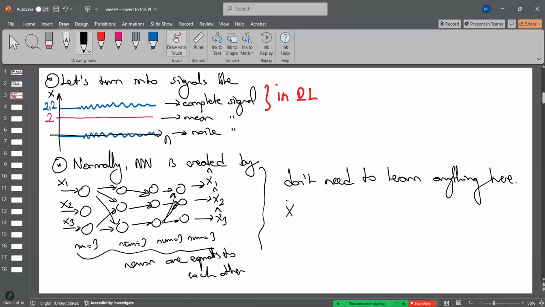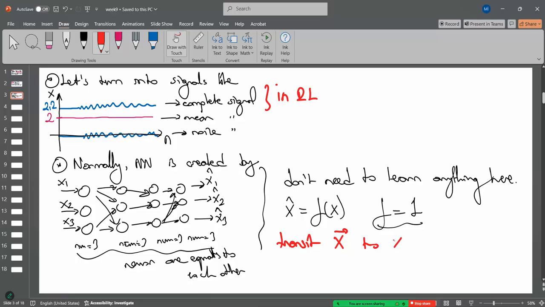For example, x hat is equal to f(x), and f is simply 1, so it multiplies with 1, and the output x hat can be generated here. So in this setup, the x vector is directly transmitted to x hat without selecting the main parts.